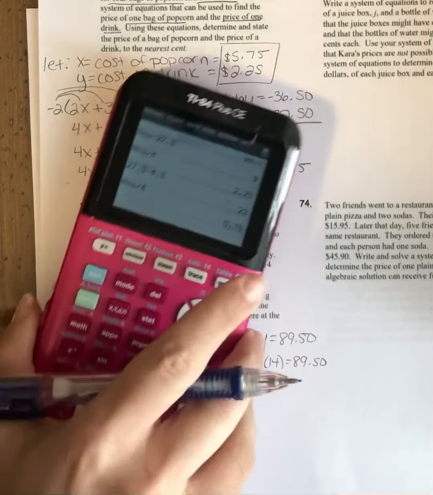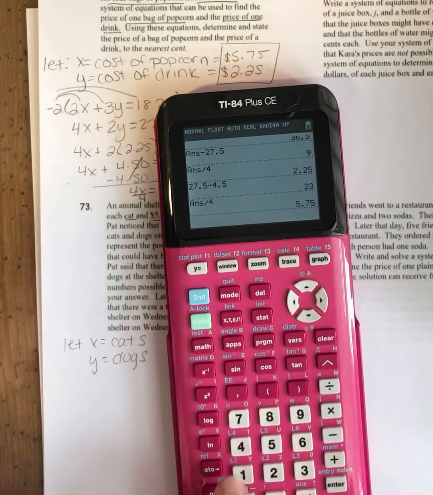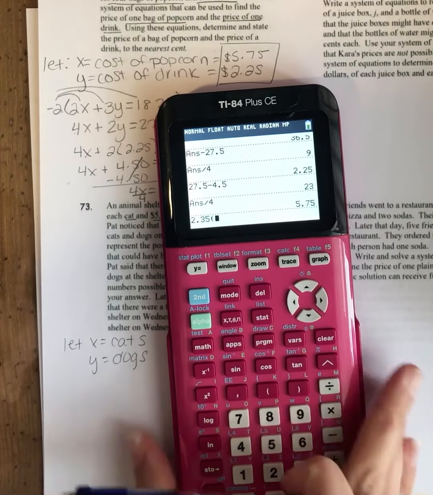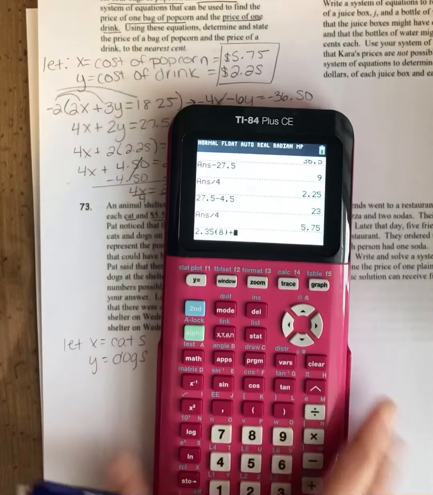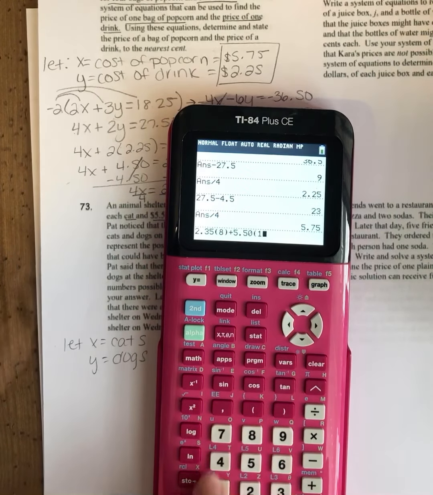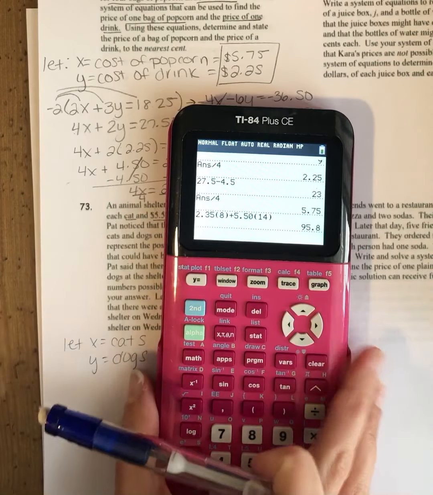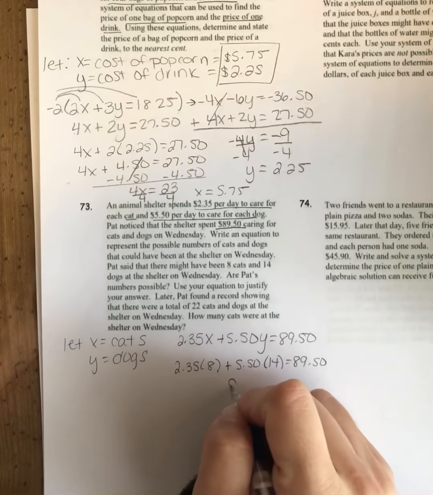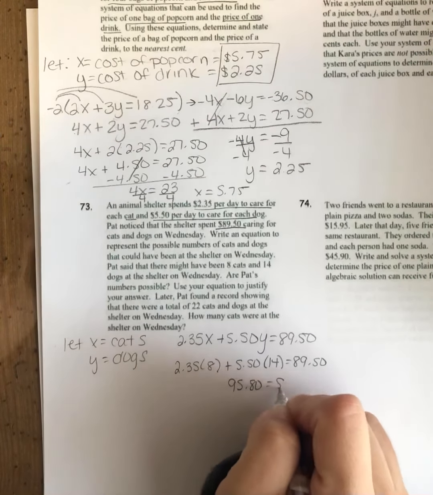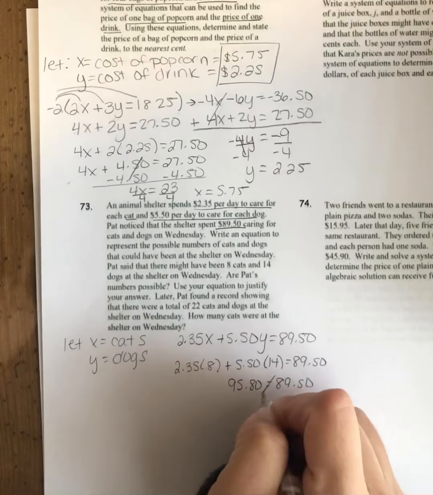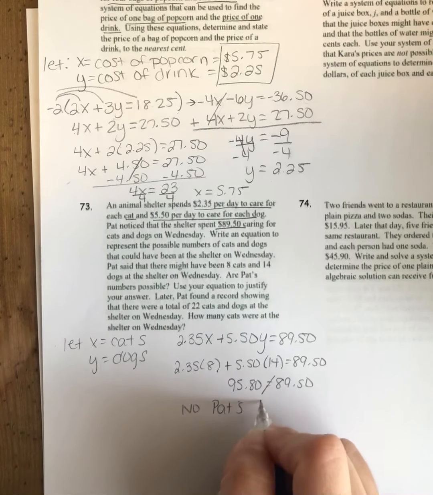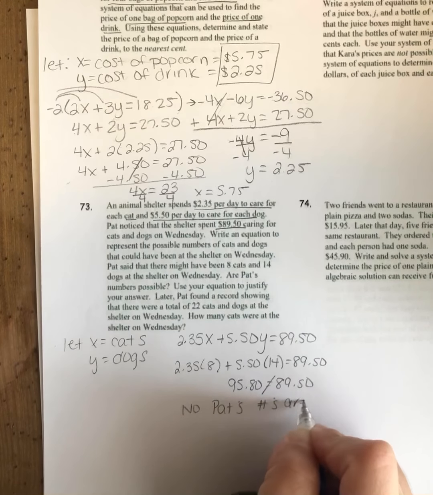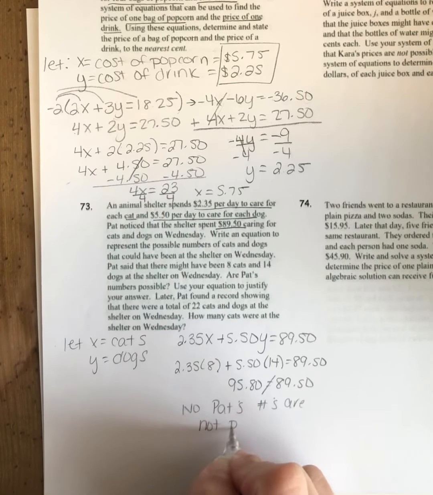You can go to your calculator and do 235 times 8 plus 550 times 14, and we get 9580. Does 9580 equal 8950? No. So no, Pat's numbers are not possible.